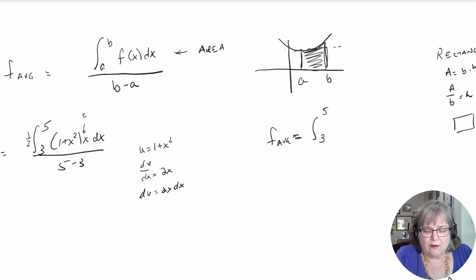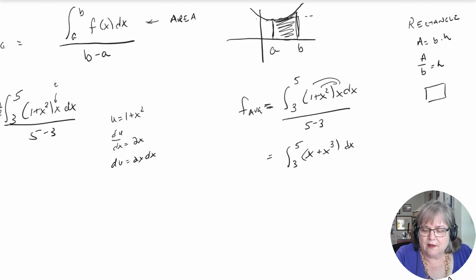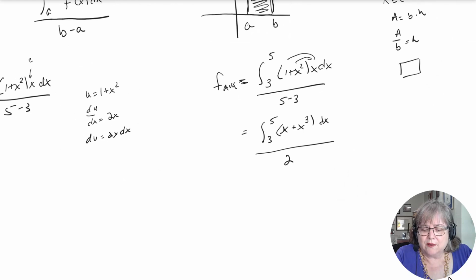So you could integrate from 3 to 5. Same problem, 3 to 5, and just multiply this out. And you would have x plus x cubed dx, which to take the derivative of that would just require the power rule. So backing it up just requires the power rule.